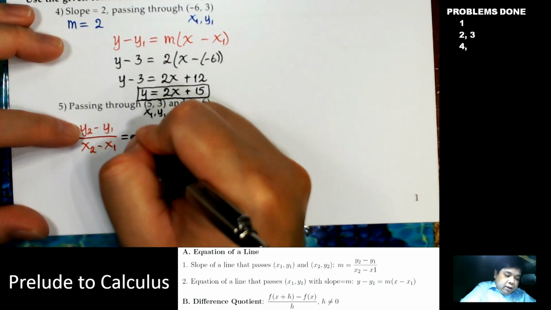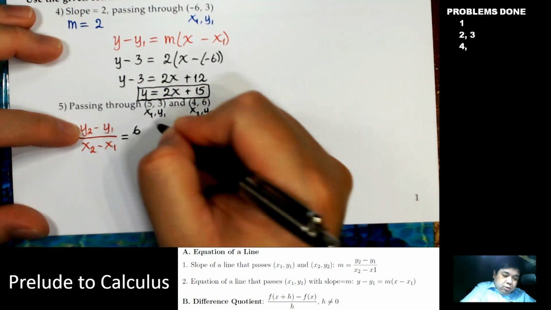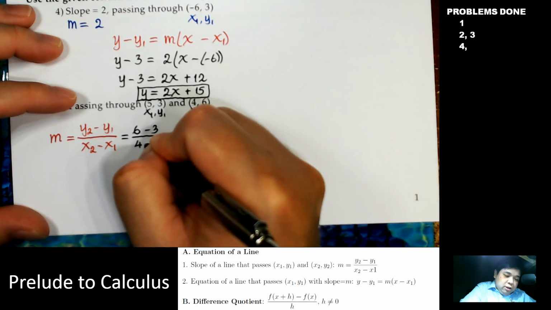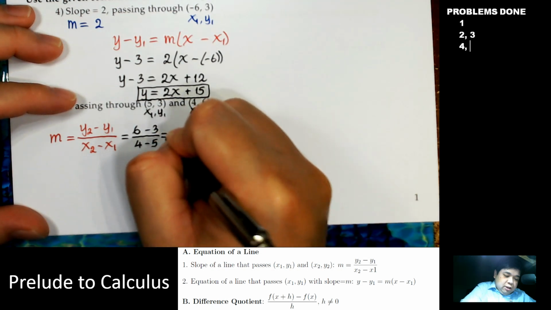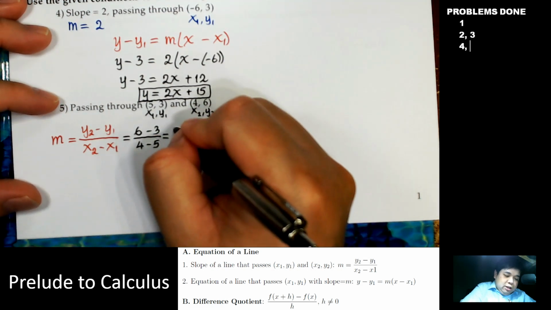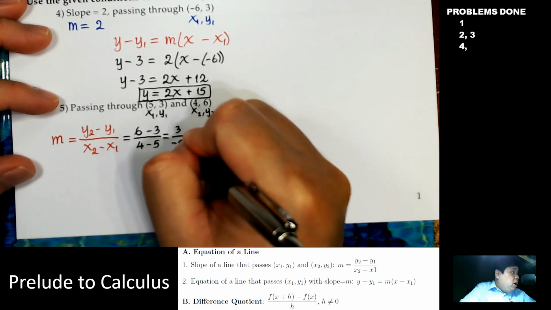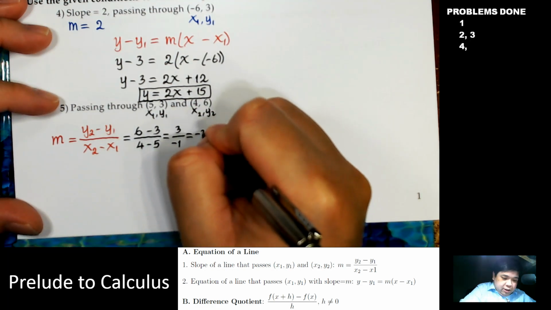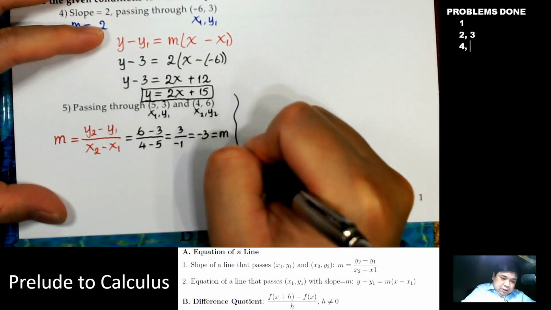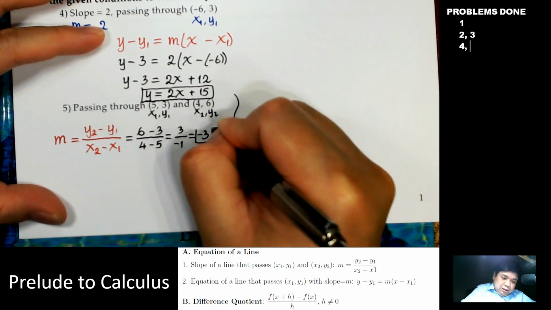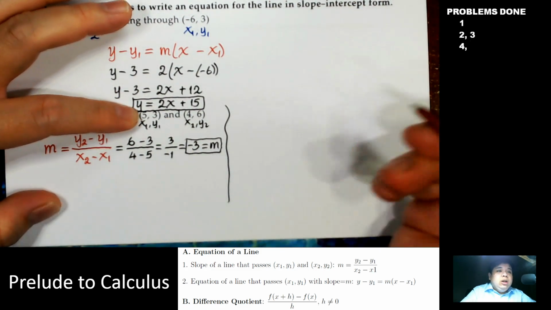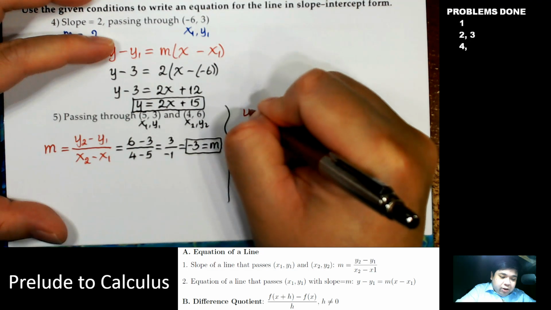y2 is 6, y1 is 3, x2 is 4, x1 is 5, minus 5. So that will be 3 over minus 1, so it's minus 3. So that is the slope. Now we have the slope and the point. We should be able to find the equation of the line.